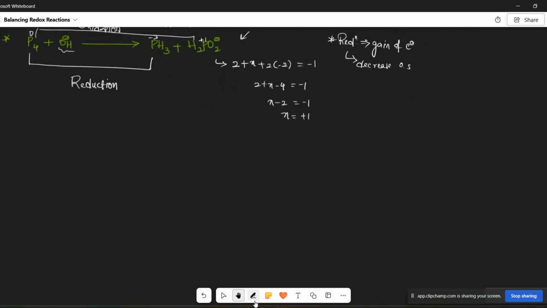This is the oxidation half cell, and here it will be the reduction half cell.